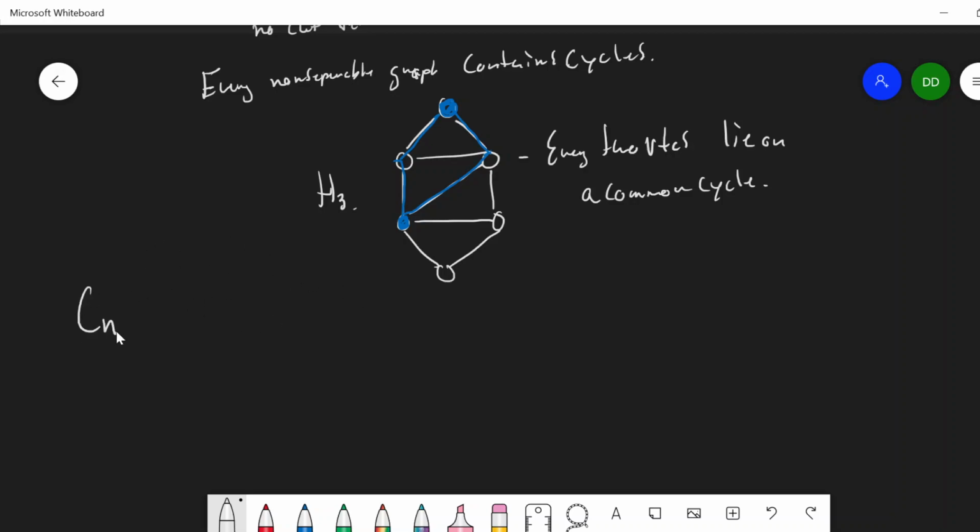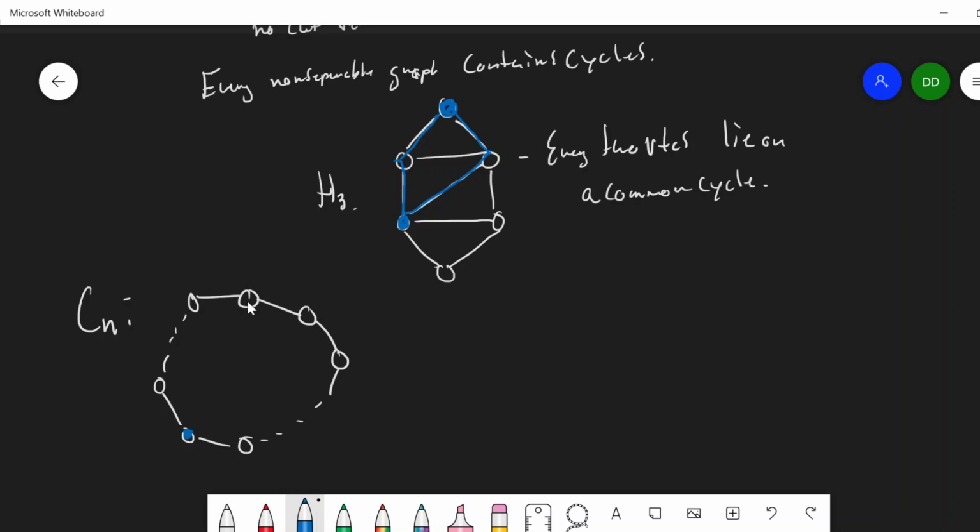So if you look at any cycle Cn, a cycle of any length, so I have some arbitrary cycle here, this is non-separable. This is one of our minimal non-separable graphs, with the smallest number of edges.